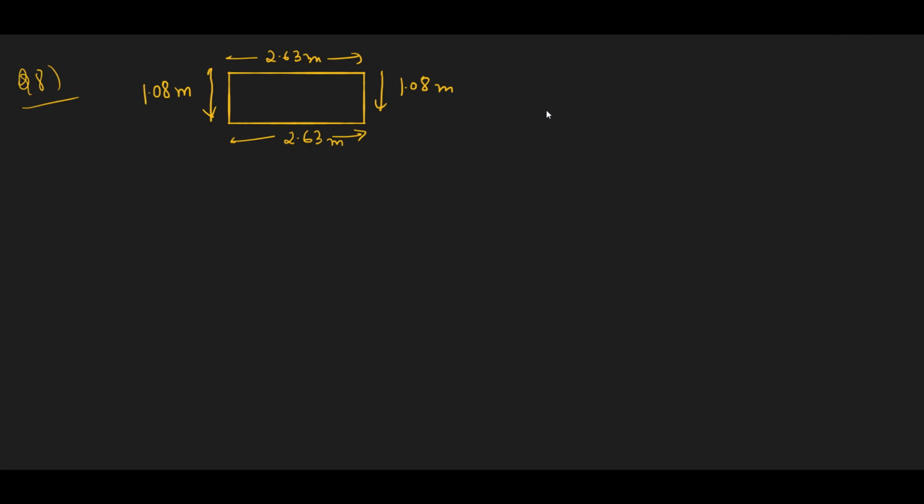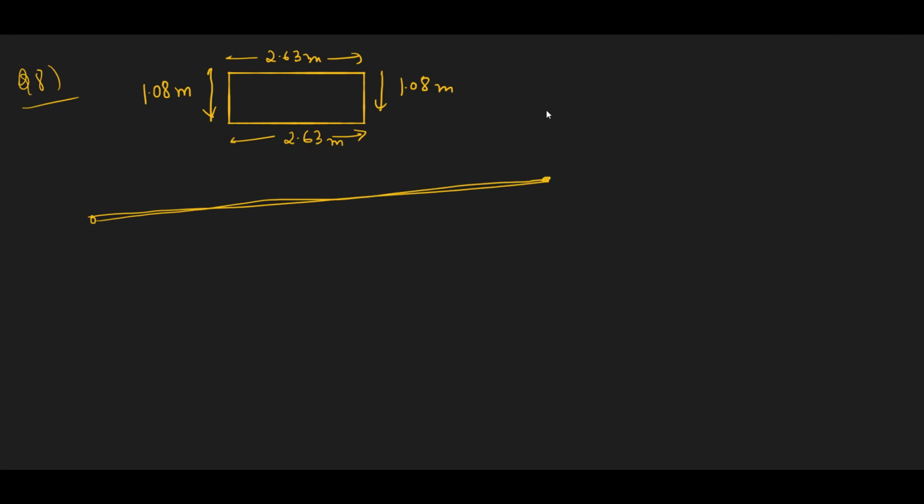So what they are trying to say here is, this frame is made up of wood. We need to know the smallest length of wood we require to make this kind of frame.